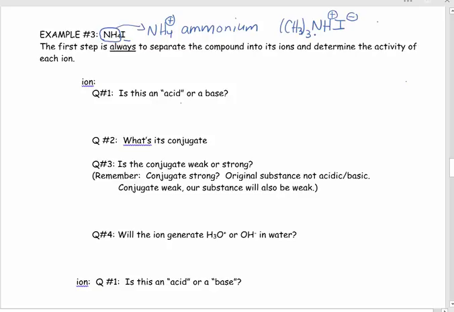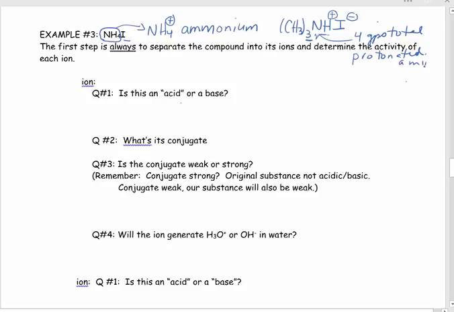So notice this N has an H and 3 carbon groups. We call these R groups. So it's got 4 groups total, all right? Which means it's not an amine, it's a protonated amine.